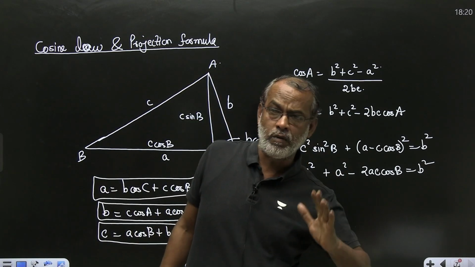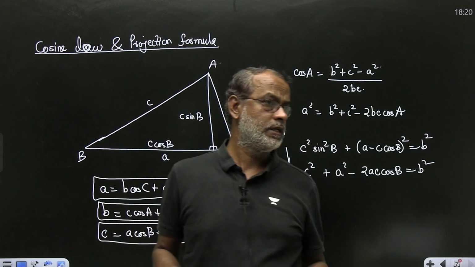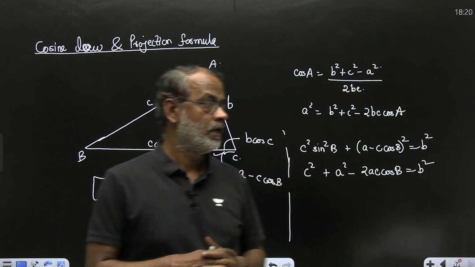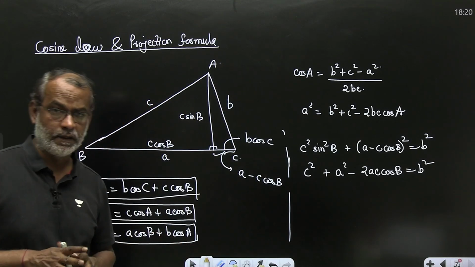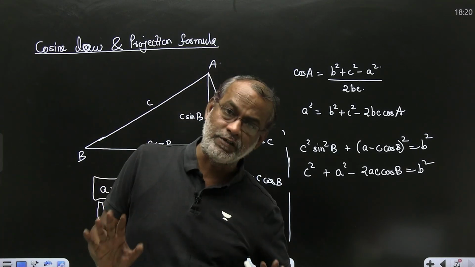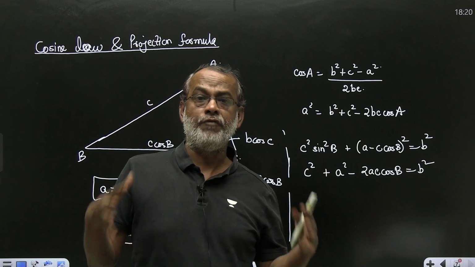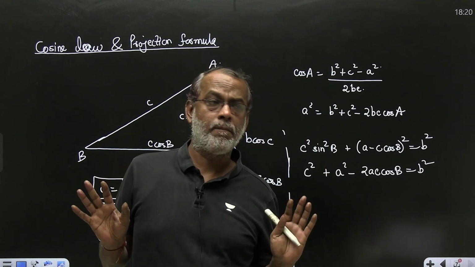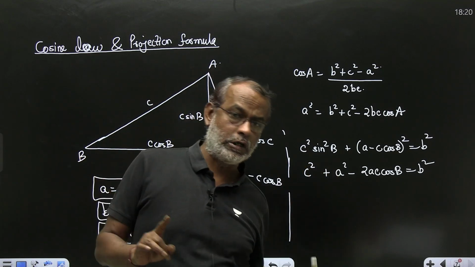So two formulae which would almost be sufficient in dealing with the problems that we will encounter. To introduce a variable on your own, you would invariably apply either the sine rule or the cosine law.